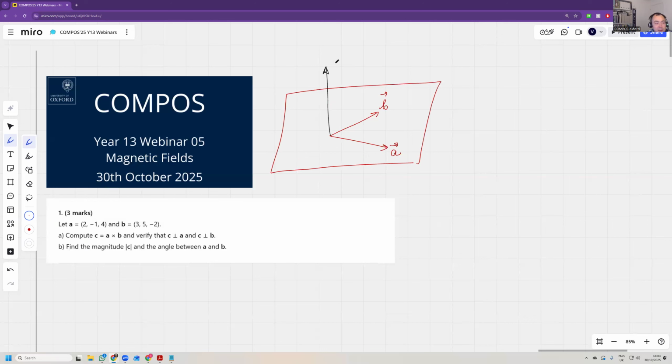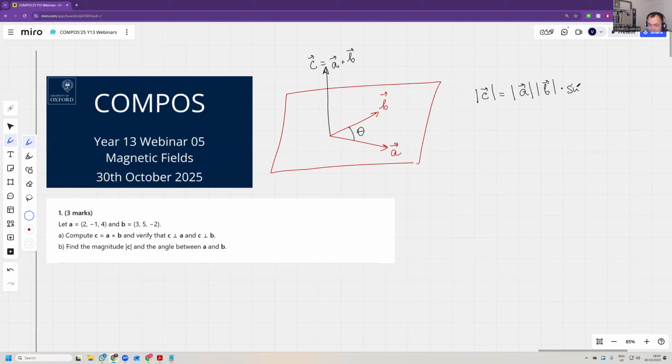So this is vector A times vector B. Let's label it C. The modulus of C is equal to the modulus of A multiplied by the modulus of B multiplied by sine of the angle between the two vectors.